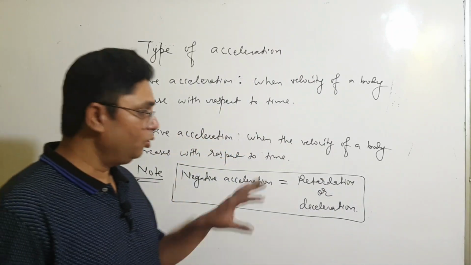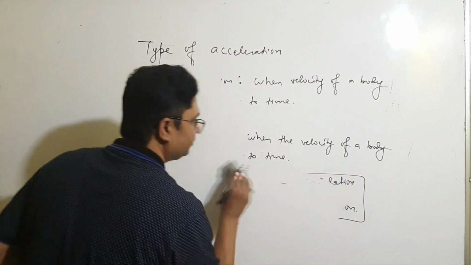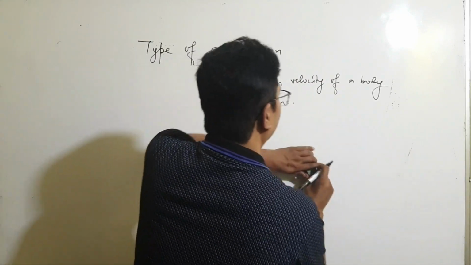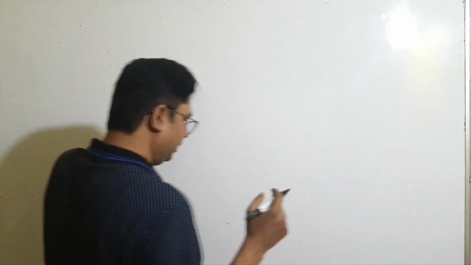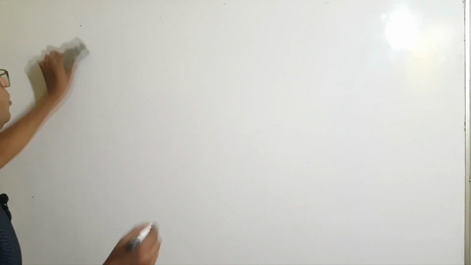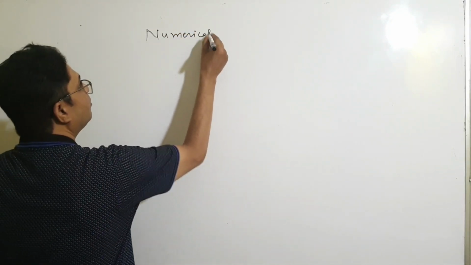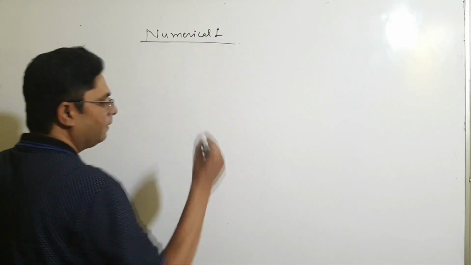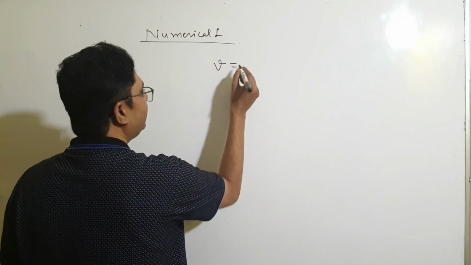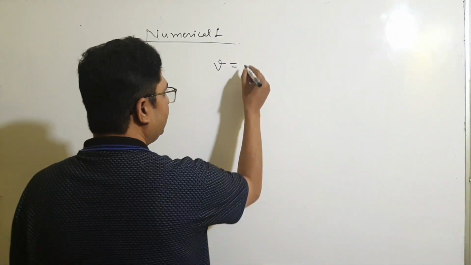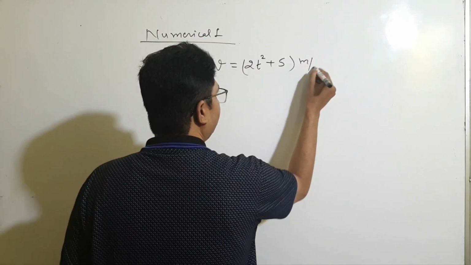Now let us have a numerical based on this. A very interesting numerical you are going to learn. Numerical number 1. I am giving a very simple question. Let velocity v equal 2t square plus 5 meter per second.